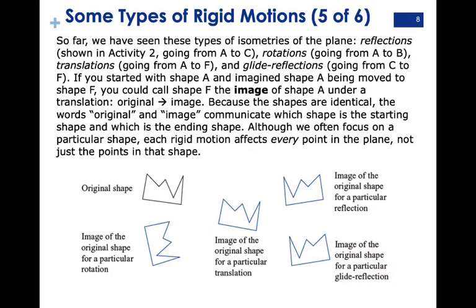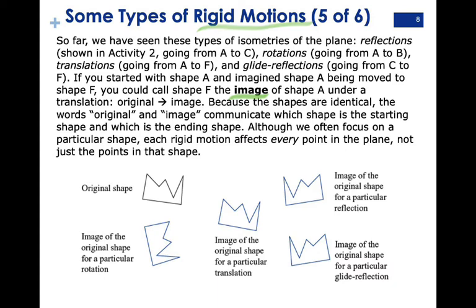So when we talk about these rigid motions, the new image we create is called an image. And we talked about moving these like the points on the actual image itself. But really, we're talking about the whole entire plane.